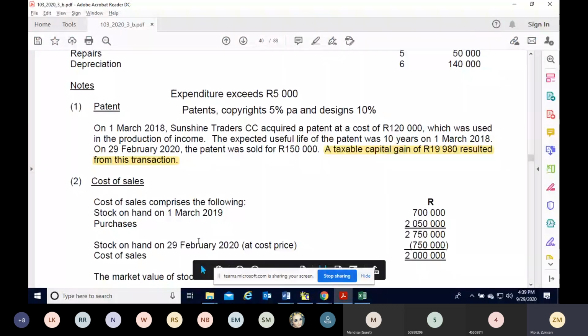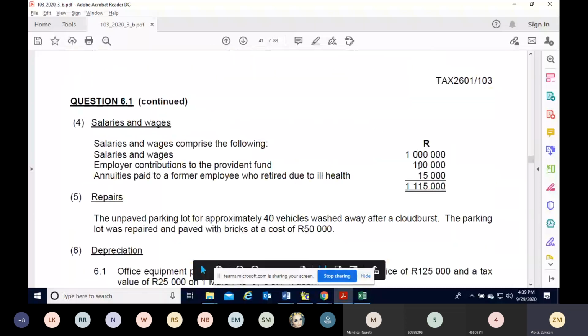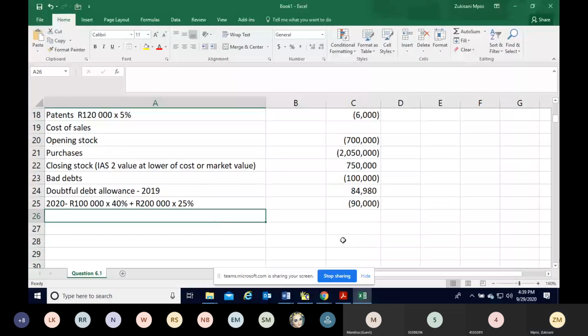Salaries and wages. Note 4, salaries and wages. So what becomes important here is all these amounts are deductible, all of them. But now what's important is you need to write them separately.